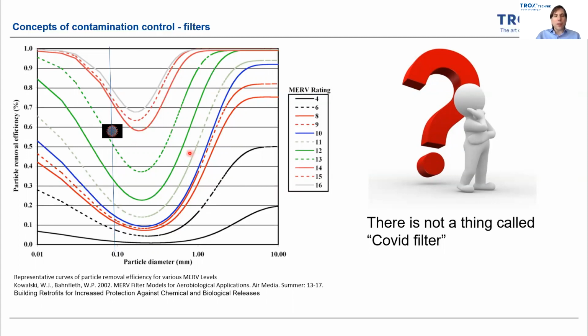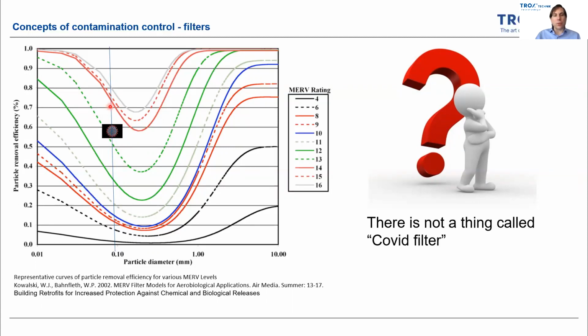And we will see at the end of this sequence of videos what the international agencies are recommending for the HVAC system. So, okay, you should try to go up to a MERV 13 filter, and the MERV 13 would be that filter here. And we can see that for the particle that's close to the size of the virus, it has around 60% of efficiency.